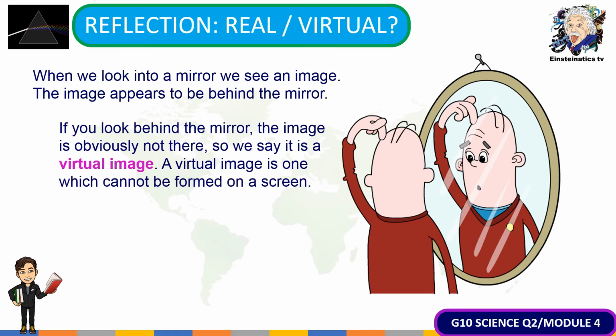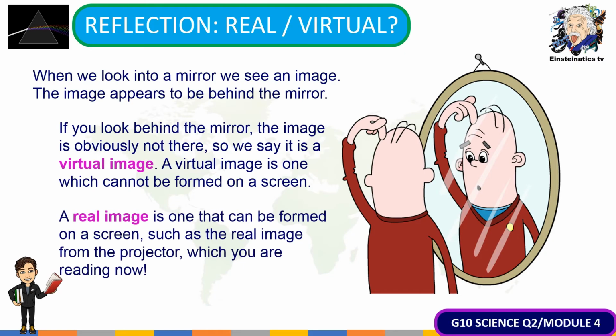So, when you look behind the mirror, the image is obviously not there. So, hindi mo siya maituturing na kambal. So, we say it is just a virtual image. So, yung mga virtual image is ito cannot be formed on a screen. On the other hand naman, a real image is one that can be formed on a screen such as the real image from the projector which you are reading right now.